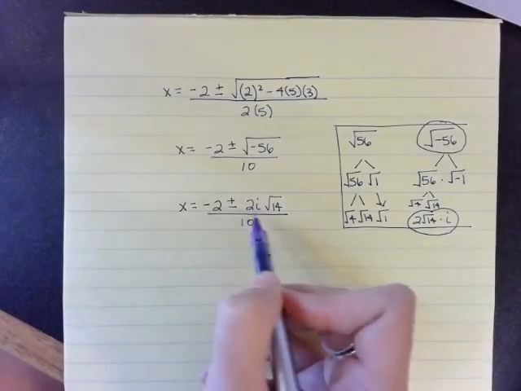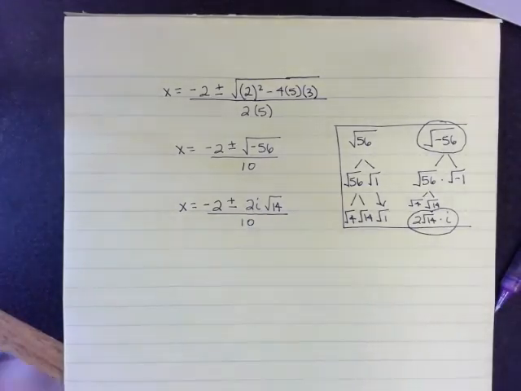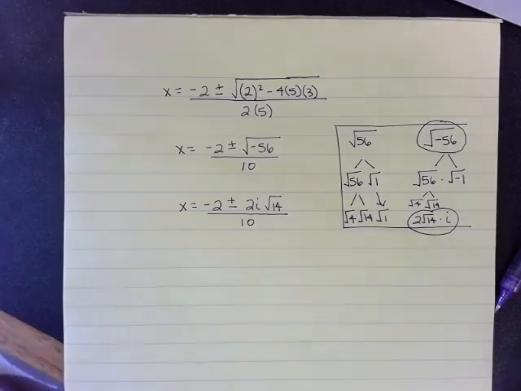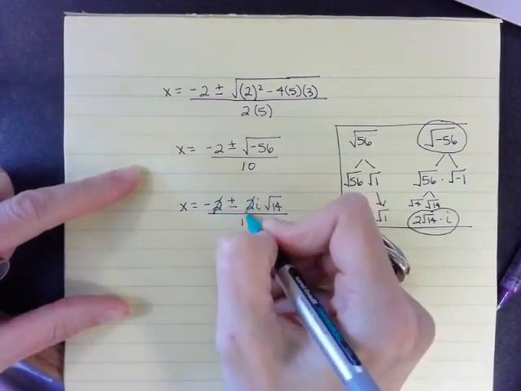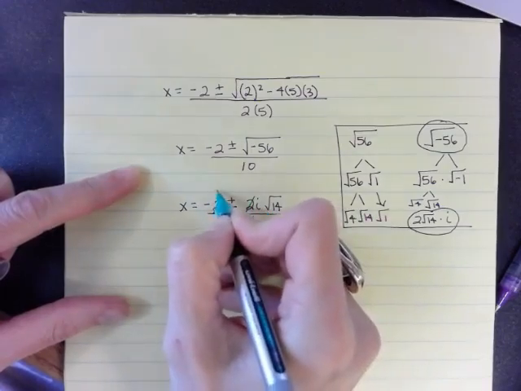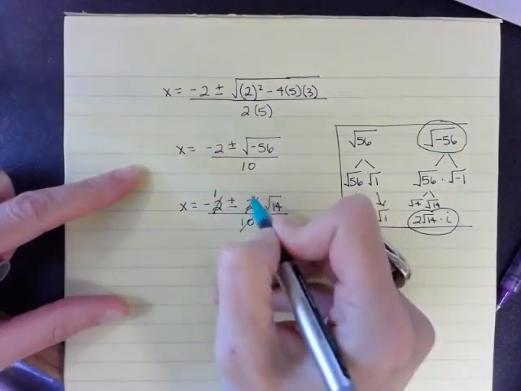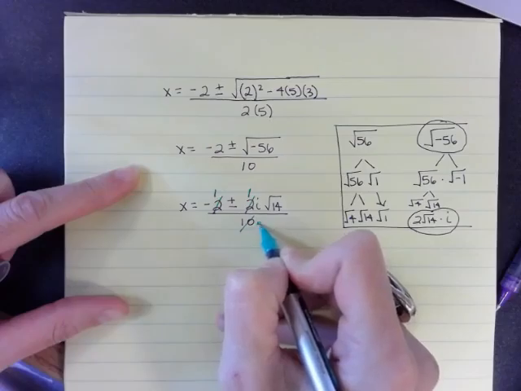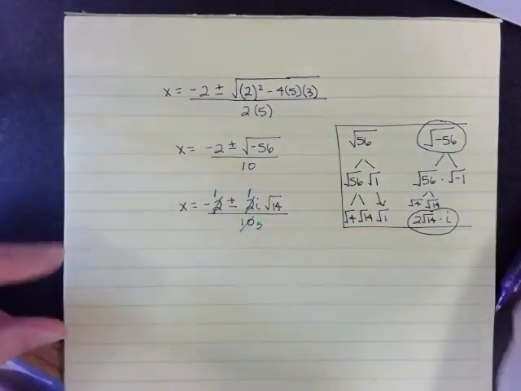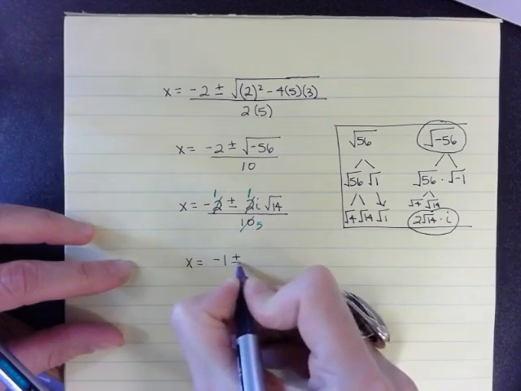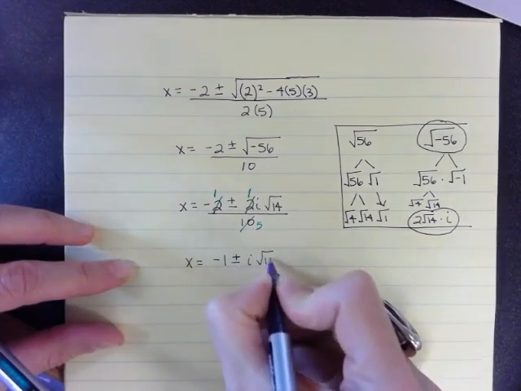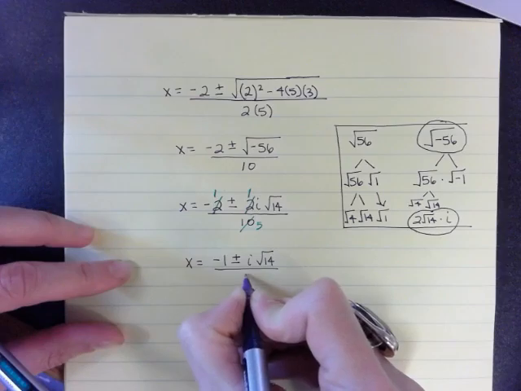So I can simplify this. Hopefully you've done it already. They all have a 2, so I can simplify that to a 1 and a 5. So my final answer is x equals negative 1 plus or minus i root 14 over 5.